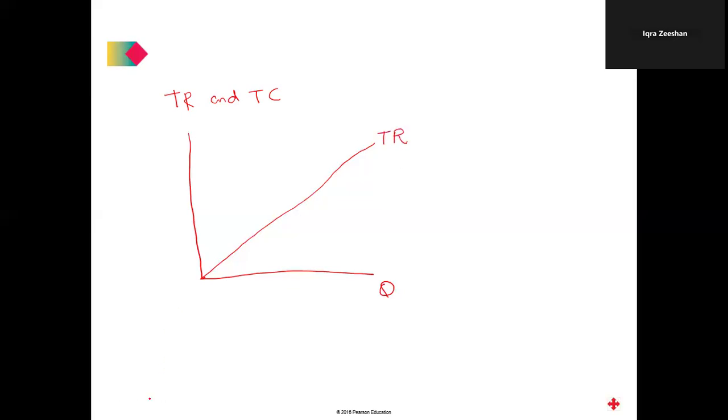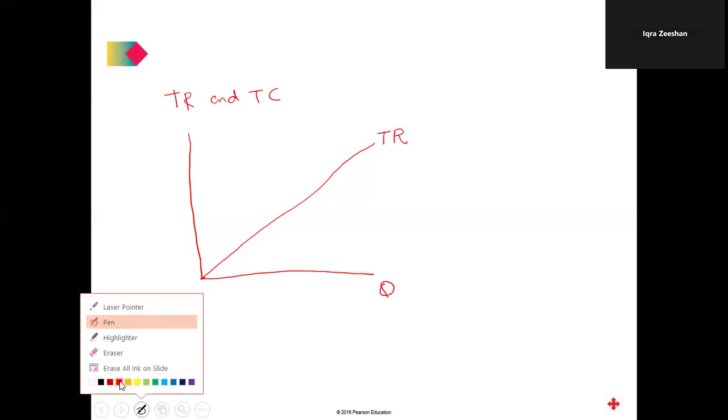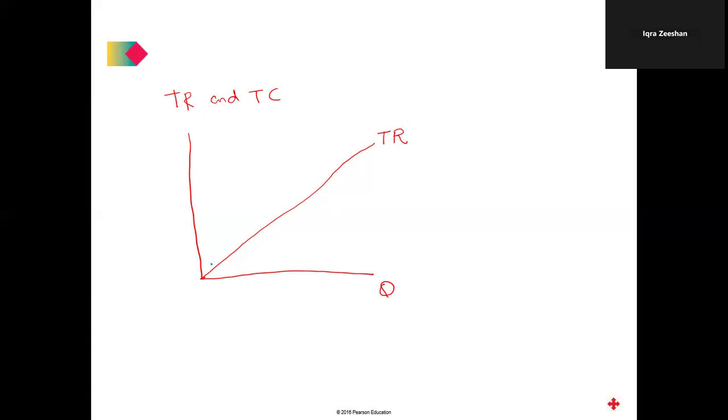And the total cost curve, we have already made in class and we have studied its shape. The total cost in the short run will first increase slowly, or at a decreasing rate, and then it will start to increase much faster. So this is the shape of the total cost curve.